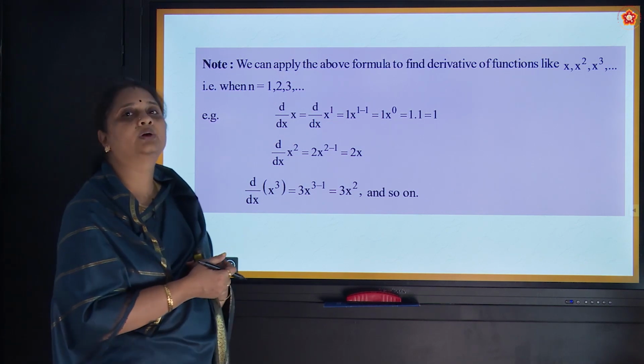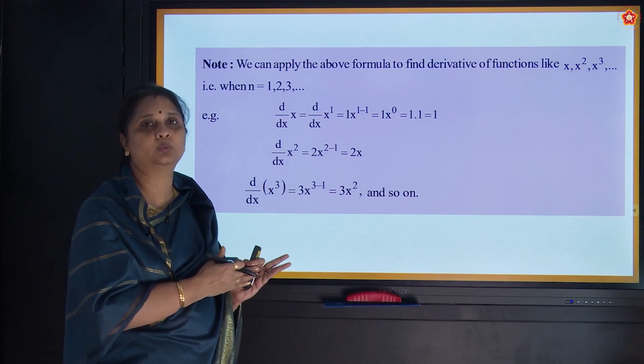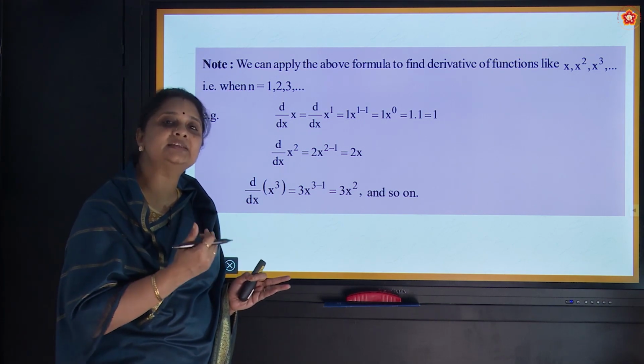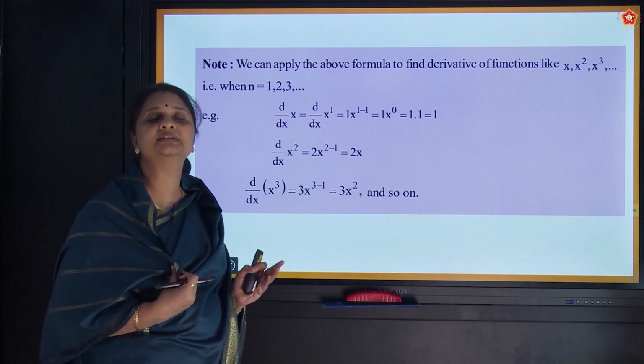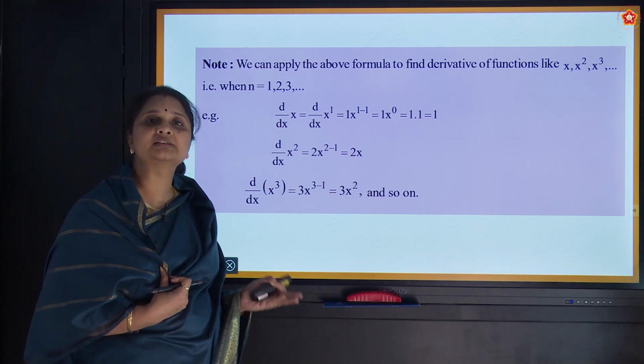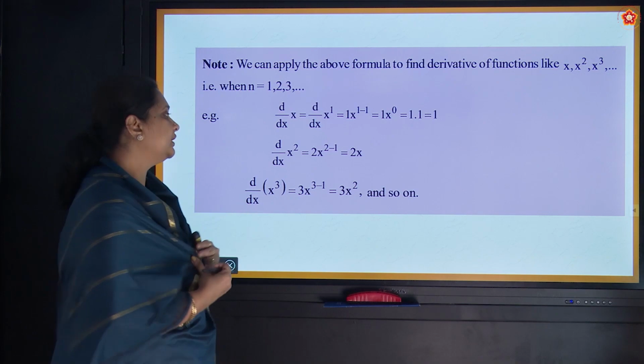So now, we've seen in our previous video how to find the derivative of a function. That's basically your dy by dx using the first principle. So what did we do?